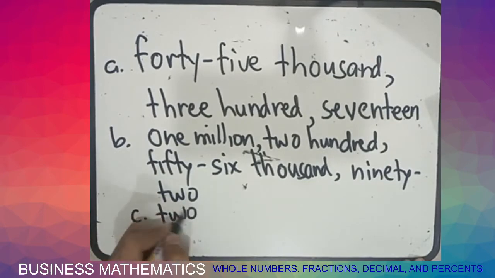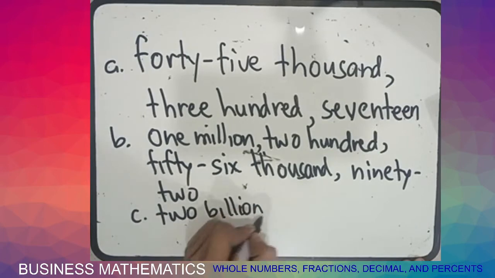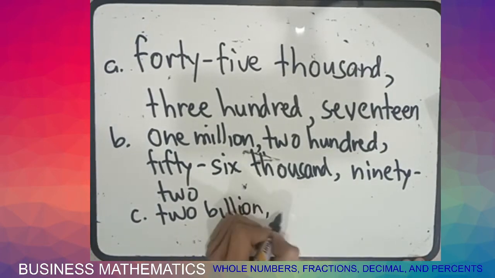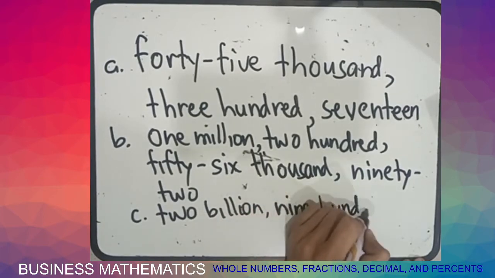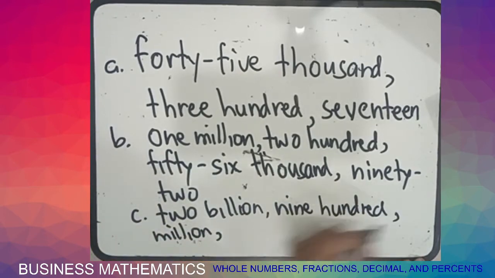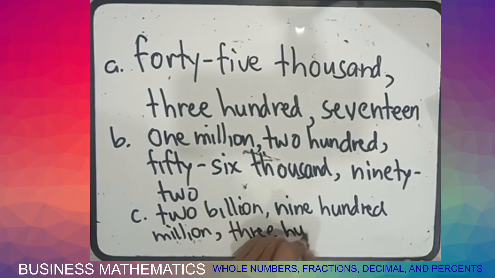So, letter C. 2 billion, 900 million, tapos 300,000.